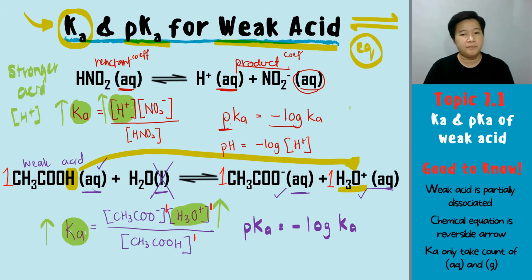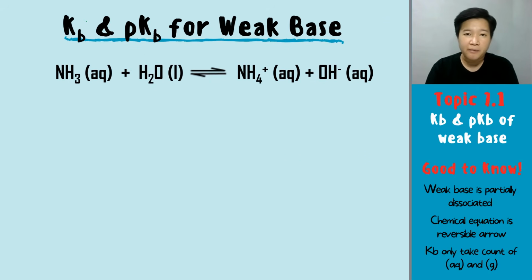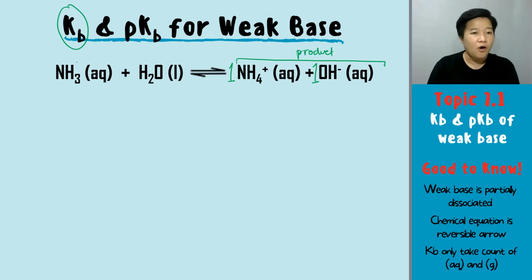Okay? Simple. And the exact same thing applies to your weak base. Let's write the Kb value for your weak base. Same thing, your Kb will be the product, everything on the product to the power of its coefficient, everything is 1 at this moment, over the reactant to the power of its coefficient.